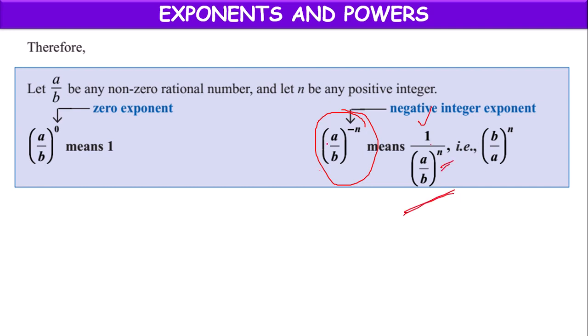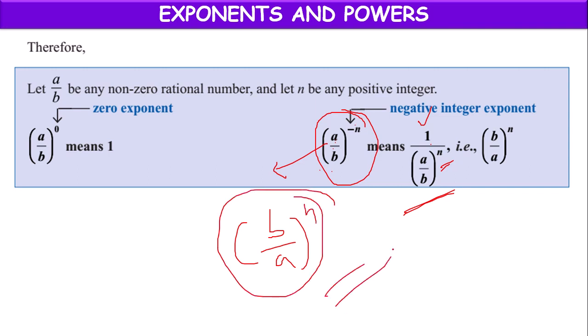Otherwise, if we have a rational number in the base, we can write the reciprocal of the rational number and change the sign of the exponent. These are the two ways of representing negative exponent values.